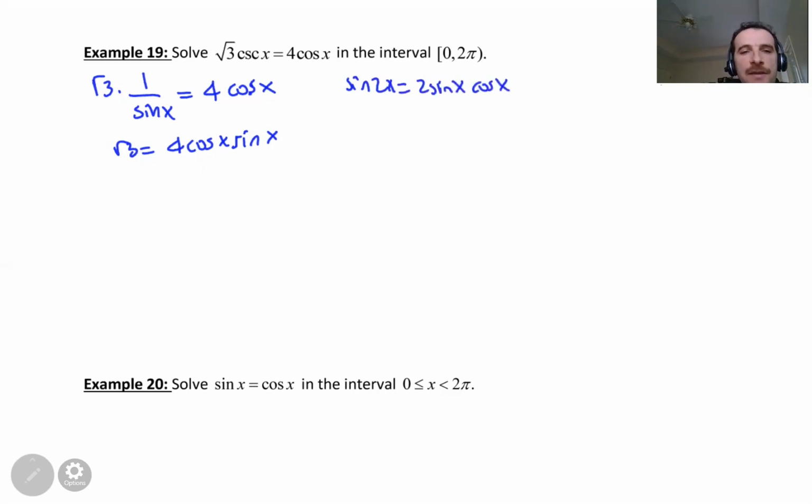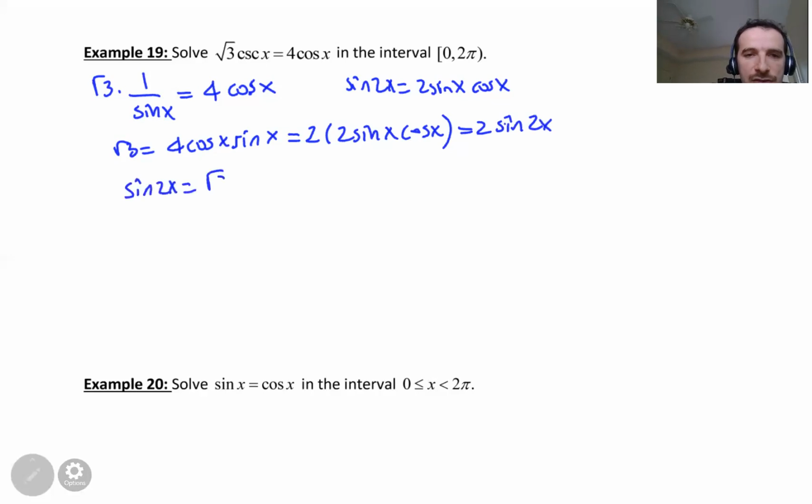So I can separate this 4 as 2 times 2 sine x cosine x. And this part is equal to sine 2x, so 2 sine 2x is equal to root 3. From there, I get sine 2x equals root 3 over 2.